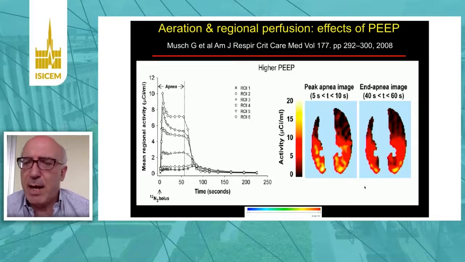And this is even more evident when we increase the PEEP level, with an increase in perfusion in the dependent part of the lung. This might explain why higher PEEP level sometimes may not be associated with an increase in oxygenation, due to the fact that higher perfusion is diverted towards the most dependent part of the lung. And only if recruitment occurs, this is associated with improvement in oxygenation.